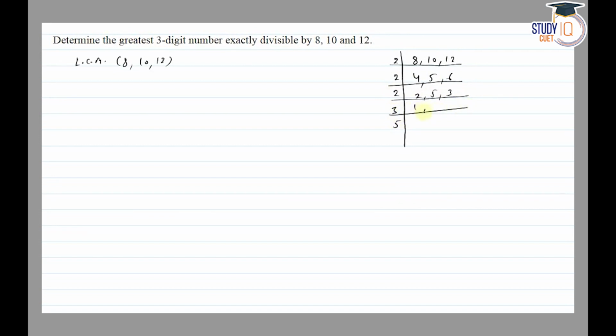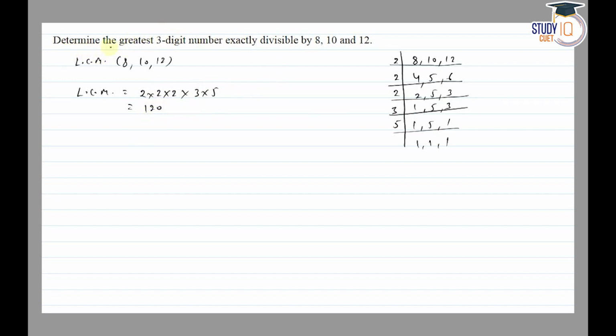So there are 1, 5, 3, then 1, 5, 1, then 1, 1, 1. So हमारे पास LCM, least common multiple, हो जाएगा 2 into 2 into 2 into 3 into 5. So ये हमारे पास 5 3 जा 15, 2 जा 30, 2 जा 60, 2 जा 120.